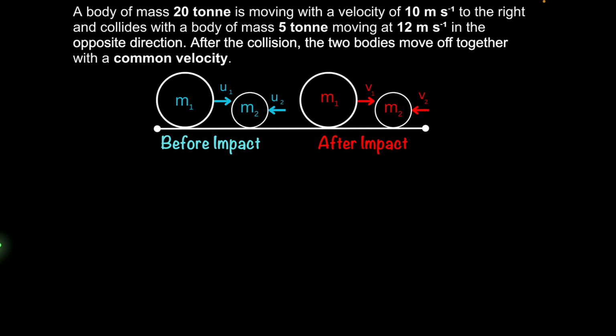Some of these principles we're going to look at are the common velocity of the two bodies immediately after impact. We're going to have a look at the impulse acting on the bodies during collision, the average force on each body during the collision, finding maximum contact force, the impulse due to the resistive force, and finally the velocity of the combined mass after a certain amount of time.